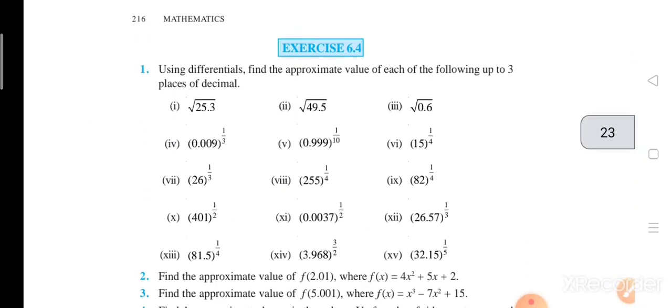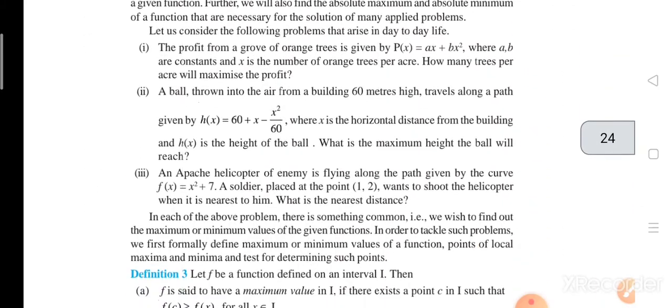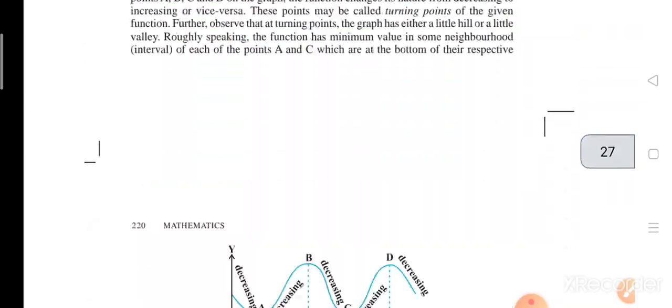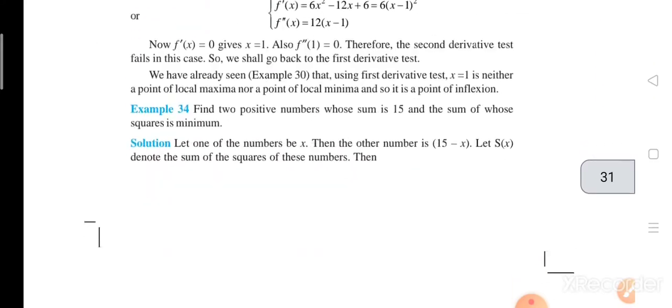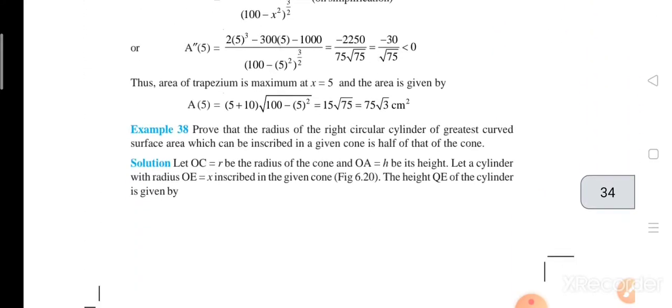Approximation 6.4 is deleted. Maxima, minima is very important. All examples you will do. Second derivative test, first derivative test, you must know how we do them.